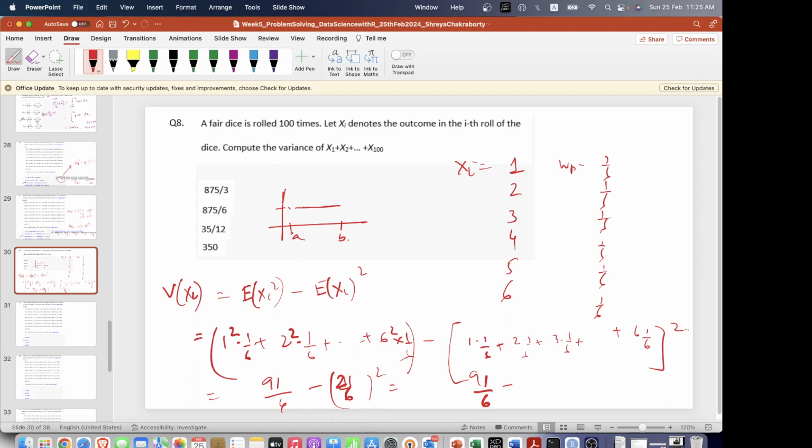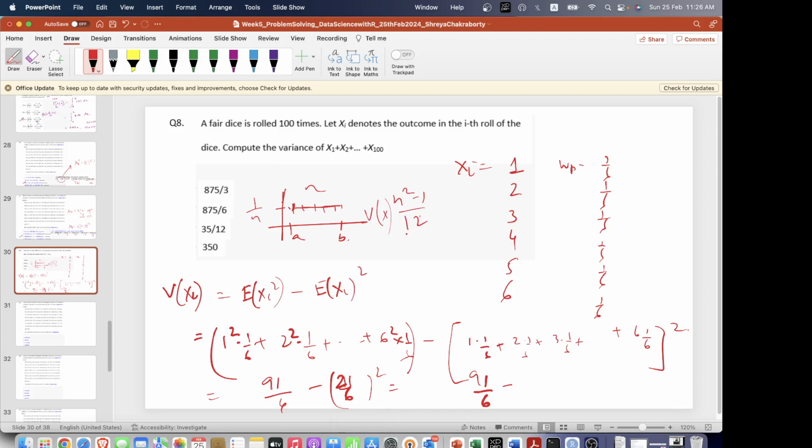But anyway, if we have between A to B, n points with 1 by n, then n square minus 1 by 12 would be variance of x.